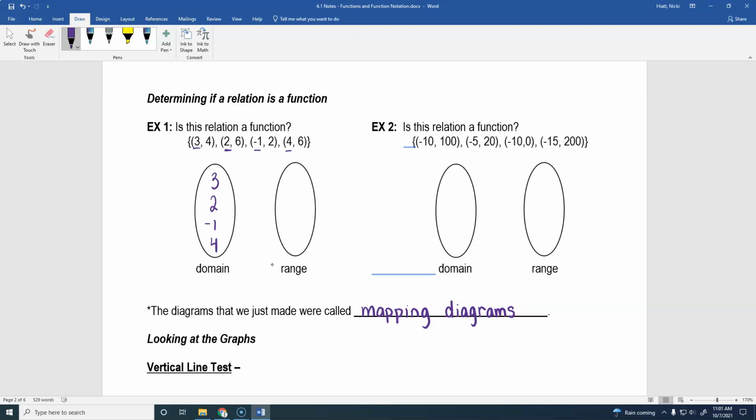Don't worry about them being in order, just list them. Okay, you can put them in order if you want, but I'm just going to list them. And then you're going to list your range values. So you got 4, 6, 2. You got 6, but we're not going to list it twice because when we write range, we don't list numbers twice, or domain. So 4, 6, 2.